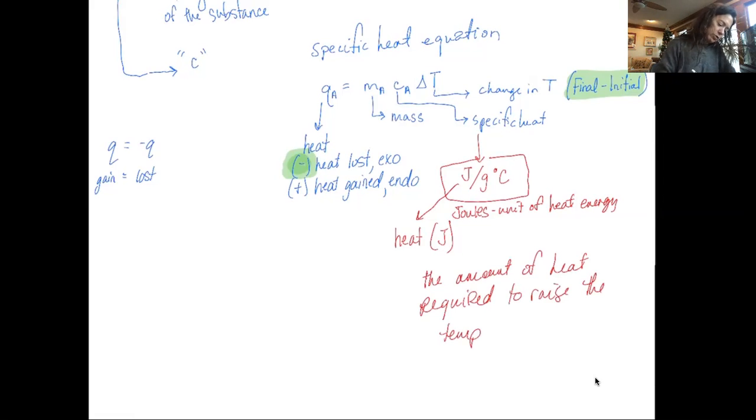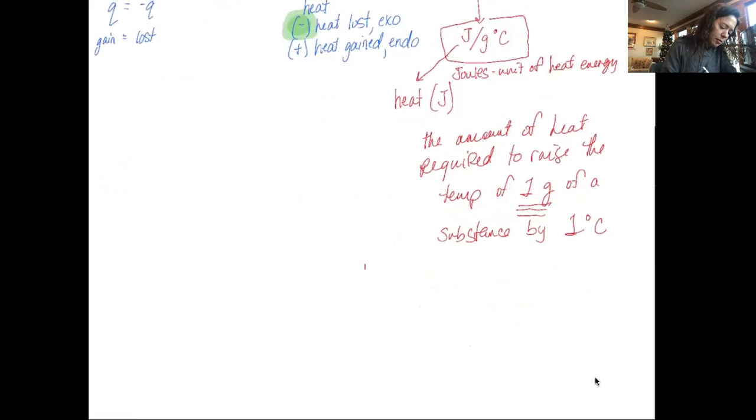The amount of heat required to raise the temp of 1 gram of a substance, that's why it's called specific, it's specific to the gram, by 1 degree Celsius. Okay? So, for example, the specific heat of water in its liquid state is 4.184 joules.